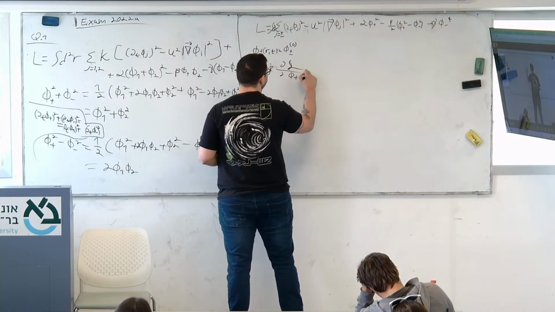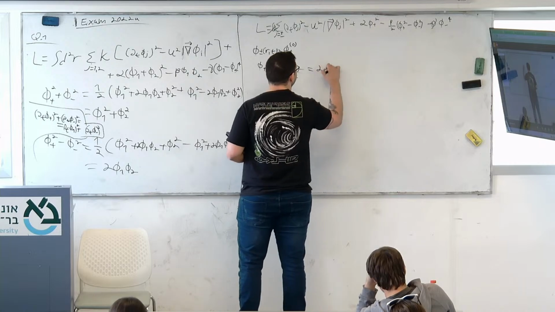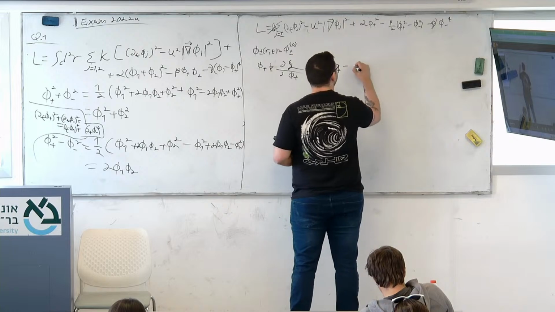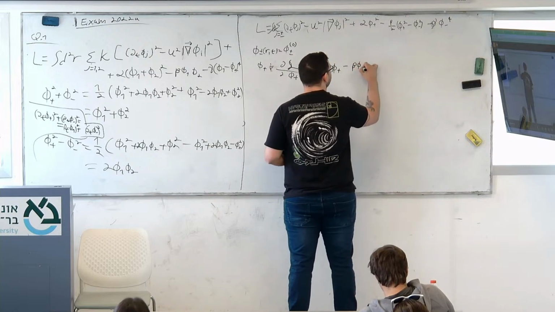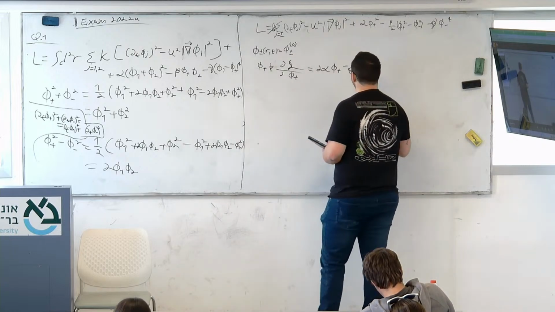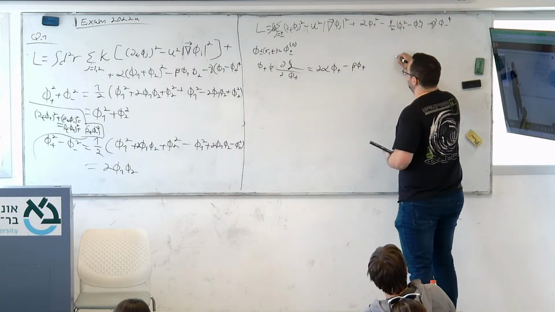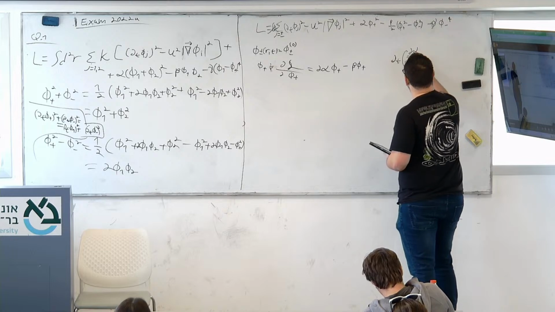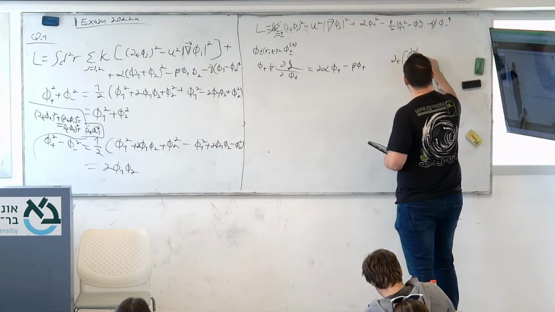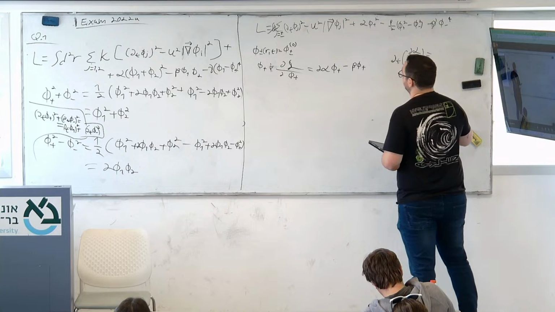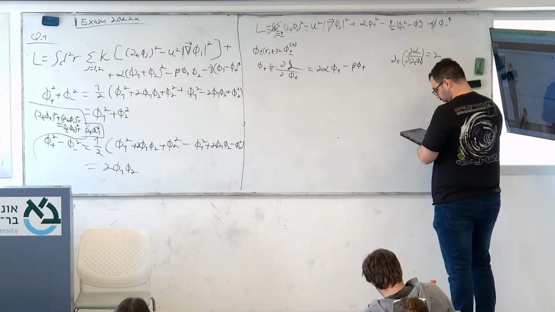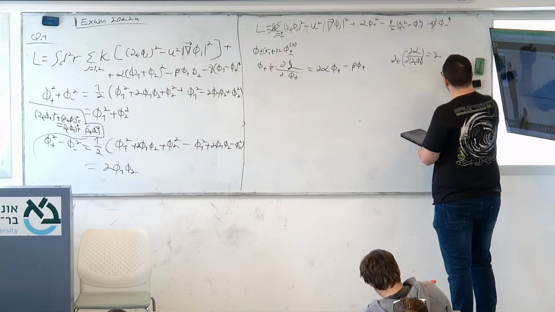the derivative with respect to phi plus equals 2 alpha phi plus minus beta phi plus, right? Then dt of dt phi plus will be equal to, just make sure I'm not making any mistakes.